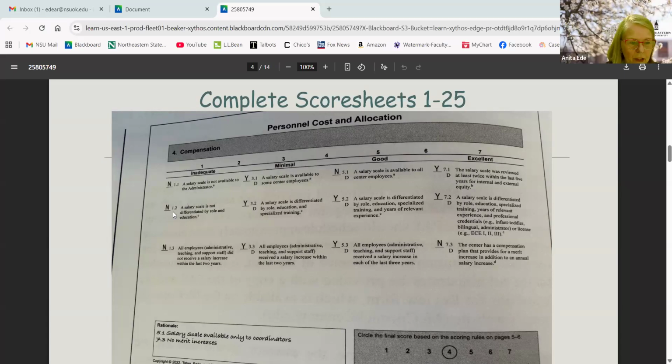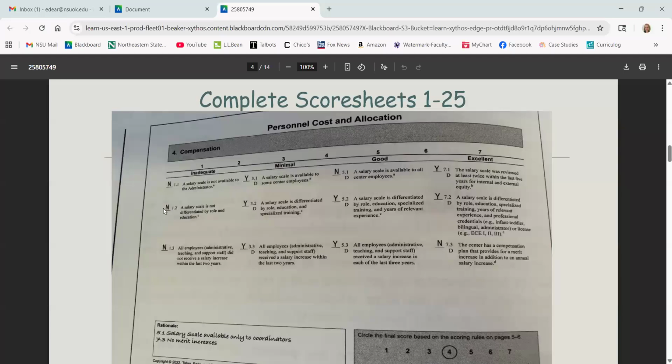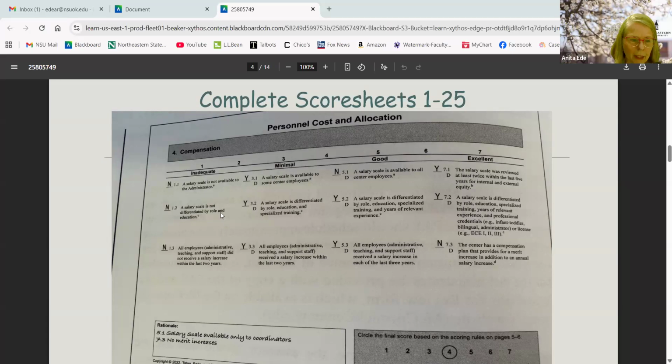And just like 1.2, a salary scale is not differentiated by role in education. That's not true, because a salary scale is differentiated by role in education. They put yes because they had a salary scale. So this one would have to be no. You see what I mean?